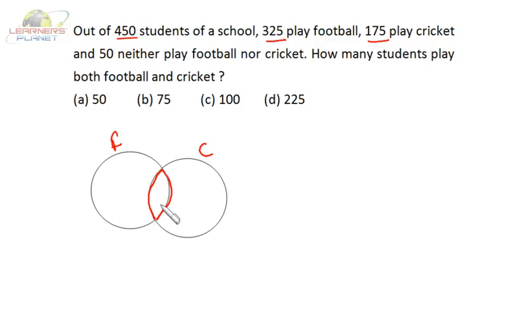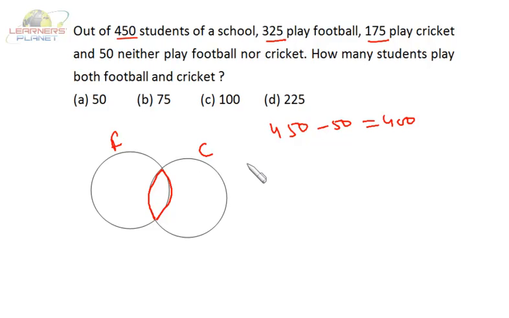Now friends, this is something different from the previous problem. Here 450 students are there, and out of them 50 are not playing any of the games. That means the sum of these two circles must be 450 minus 50, that is 400.